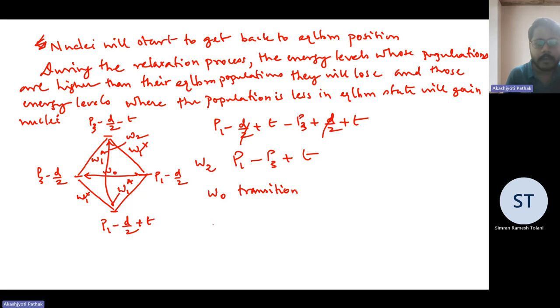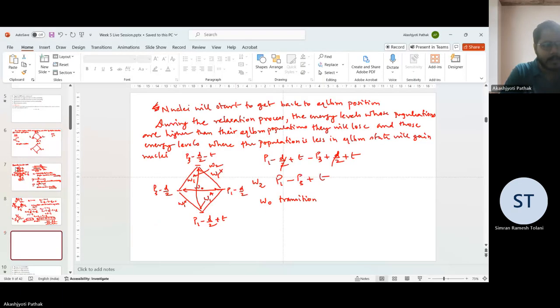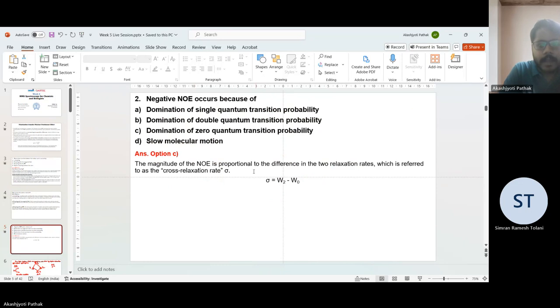So if we are considering the negative NOE, then we are looking into the difference between omega 2 and omega 0.